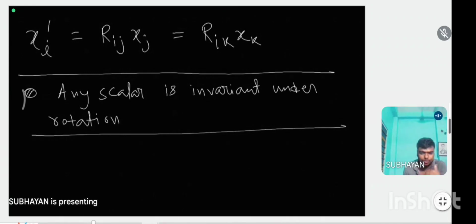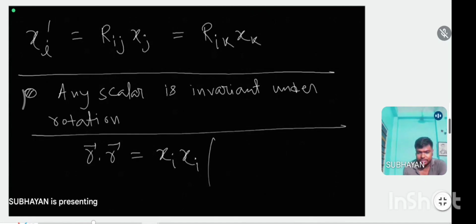So surely the dot product of the position vector, suppose r dot r, means x square plus y square plus z square. In contravariant notation you can write this as xi xi, because this is summation over i, that means x1 square plus x2 square plus x3 square, which is x square plus y square plus z square.